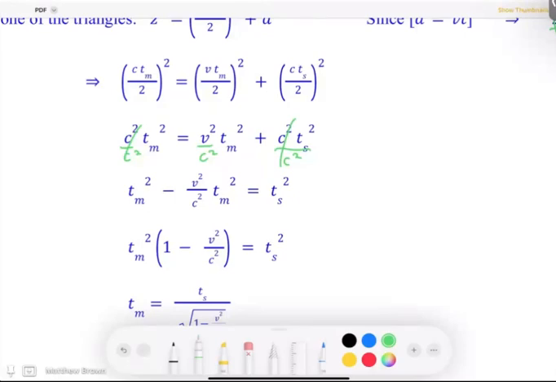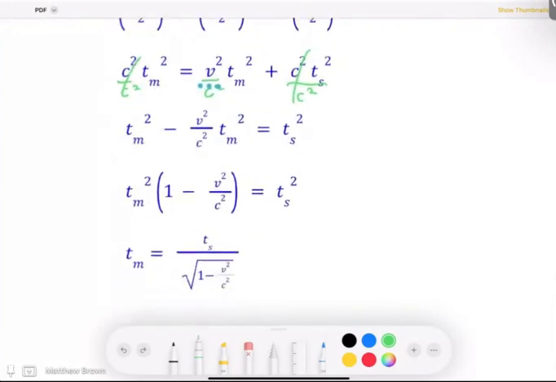And then I think all I did here is I took this term here and subtracted it from both sides. So that's why in the next line that term appears on the left. And then factor out the t_m squared. That leaves you with this bracket here. Divide both sides by that bracket, which brings it down to the denominator on the other side. And finally, because you want an expression for t_m, not t_m squared, take the square root of both sides. So the t_s squared becomes the square root of that, which is just t_s. And you end up with this other term on the bottom.